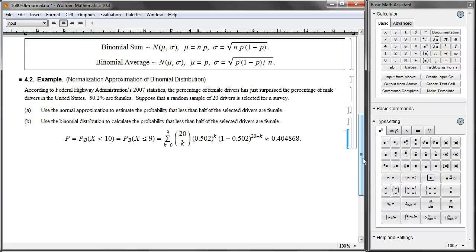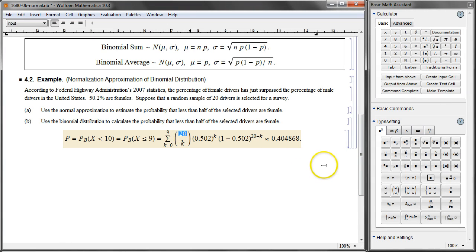That is the precise probability using binomial, but binomial computation is often a terrible thing to do. Even using a computer algebra system, if this goes up to 200 instead of 20, or 2000, we're going to run into trouble. But if you use normal approximation, no trouble whatsoever.